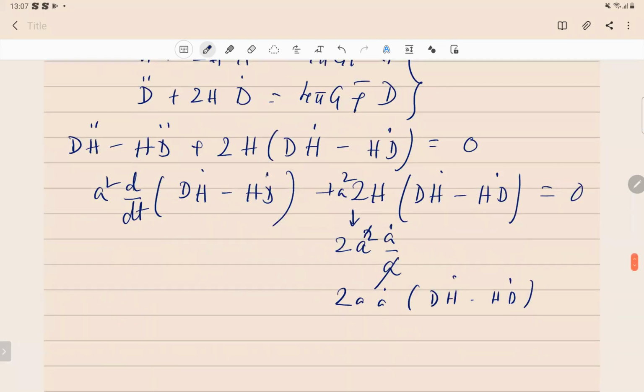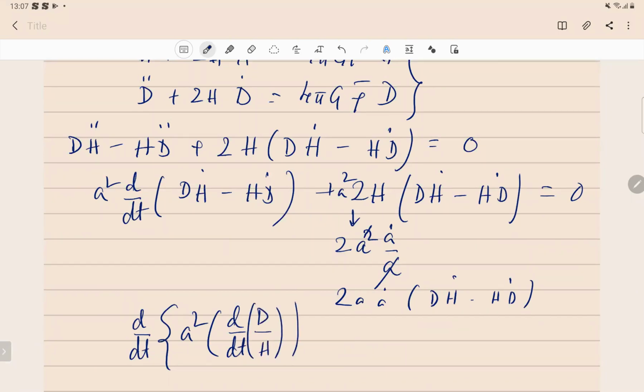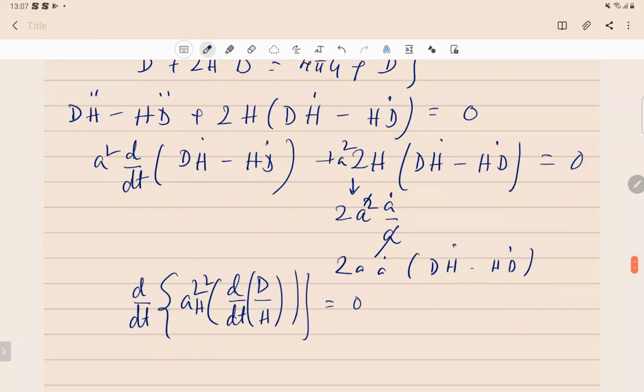So this whole thing can be written as d dt of a square times this quantity. But this quantity is d dt of d by h, and then you have to compensate, so you multiply with h square, equals 0. I'm just doing some algebraic manipulations.